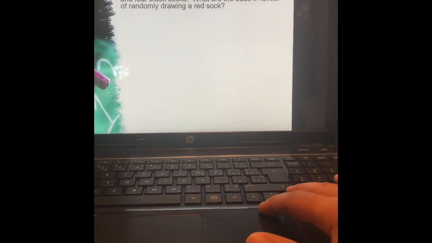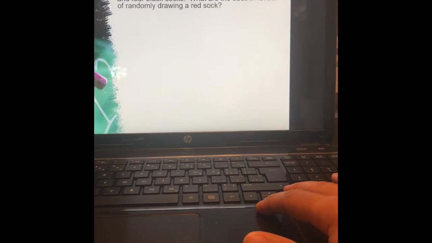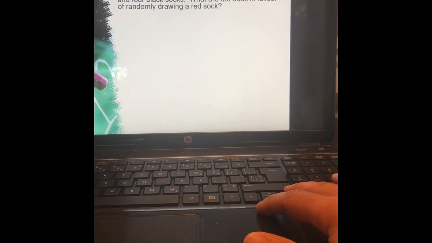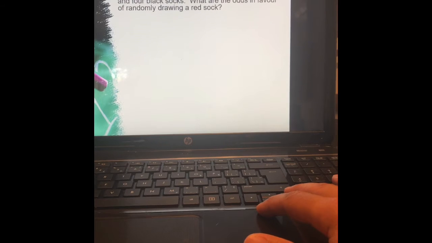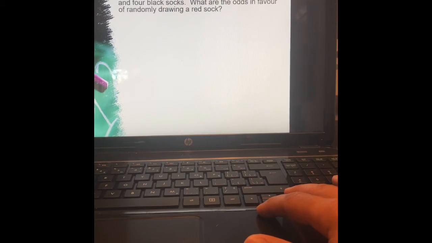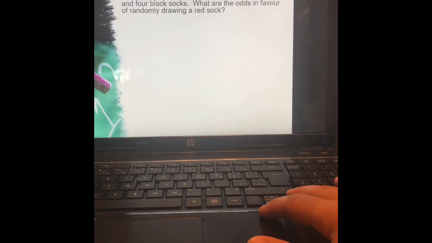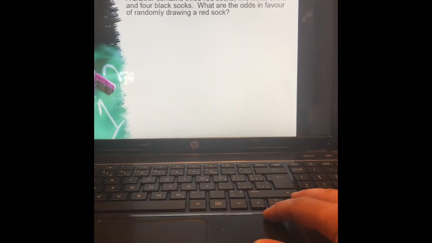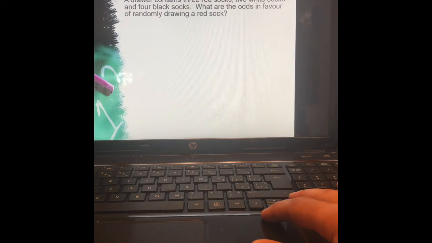So a drawer contains 3 red socks, 5 white socks, 4 black socks. What are the odds in favor of randomly drawing a red sock? So how many red socks are there? There are 3. In probability, that would be 3 out of a total of 12. In this case, with odds, it is 3 to 9.